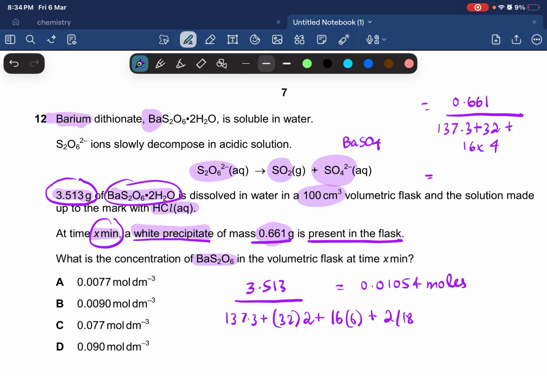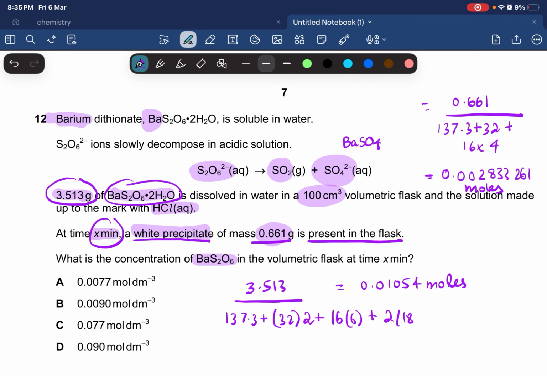And that gives me 0.002833261 moles of BaSO4. Now I have the moles that are formed.